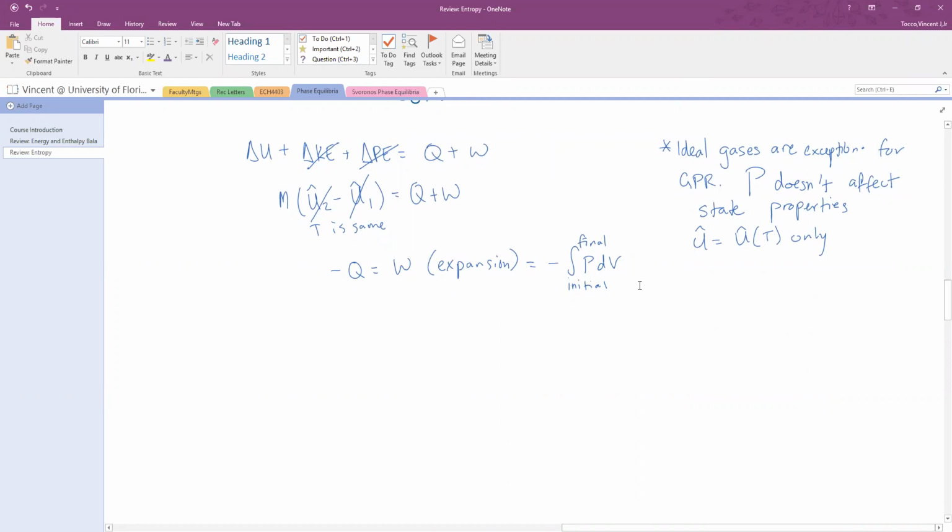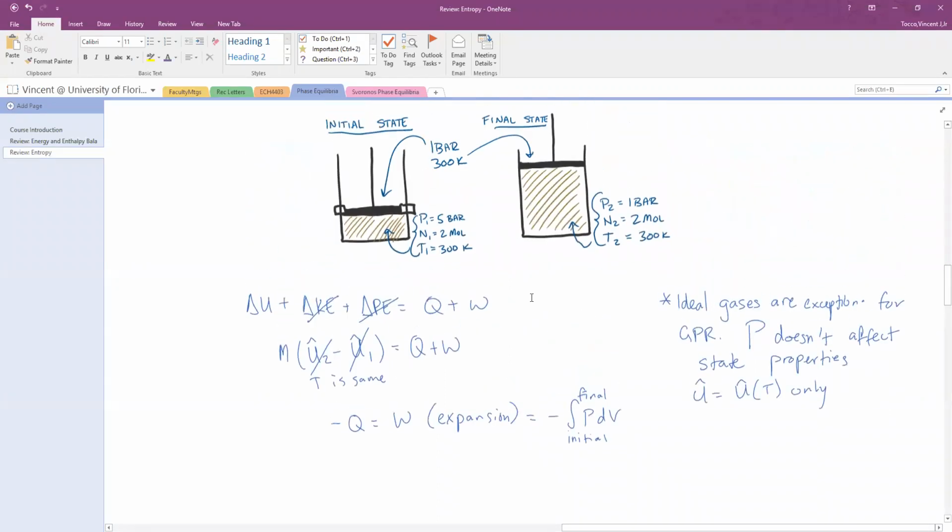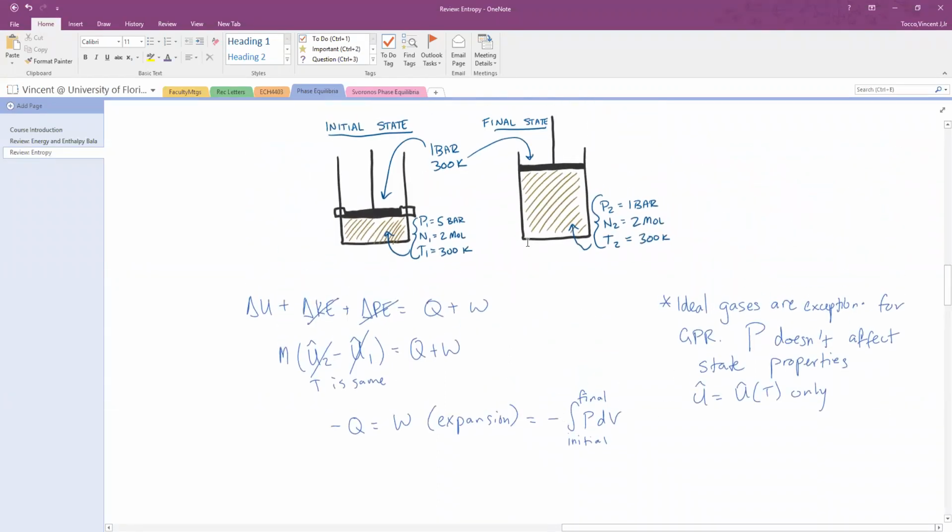This is a common pitfall that I see a lot of engineers forget about, what this pressure is. The inclination here is to say that the pressure in this equation is equal to the pressure inside. And that's not true. The pressure in this equation is the pressure that opposes the motion. So this is going to be like the external pressure that is counteracting the rising of this piston.